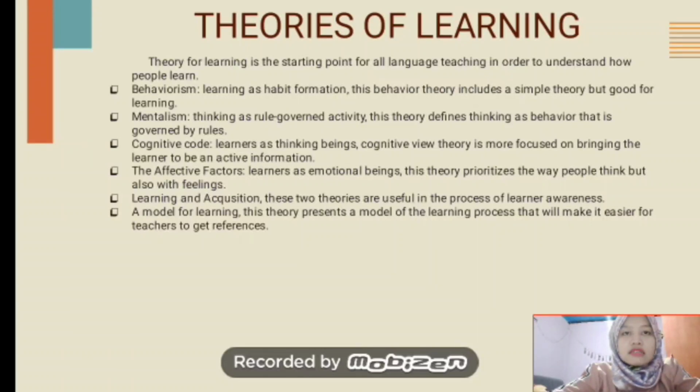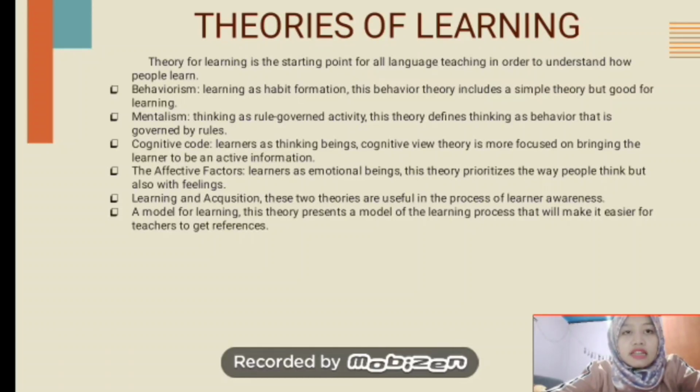Next, cognitive code. Learners as thinking beings. Cognitive view theory is more focused on bringing the learner to be an active information processor. Next, the affective factors. Learners as emotional beings. This theory prioritizes the way people think but also their feelings.